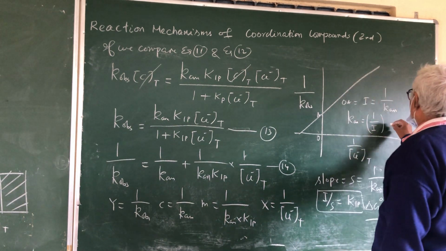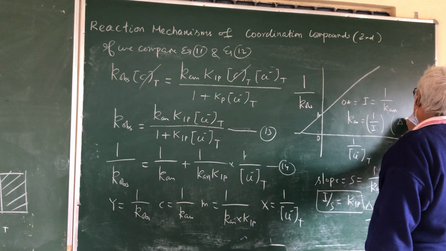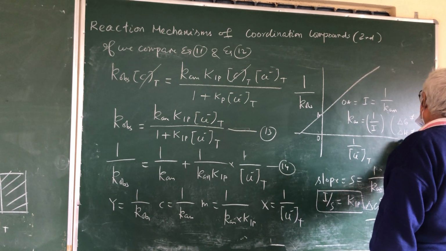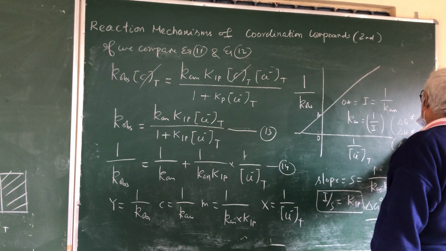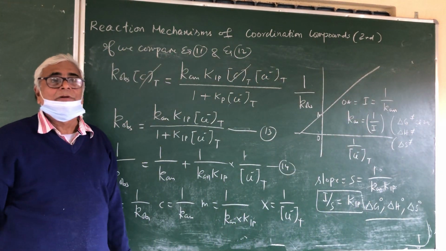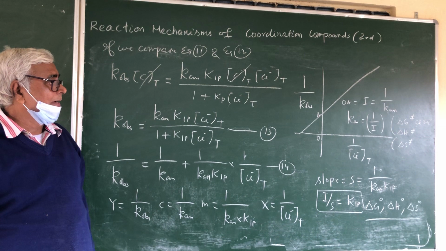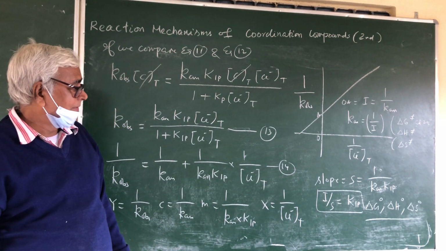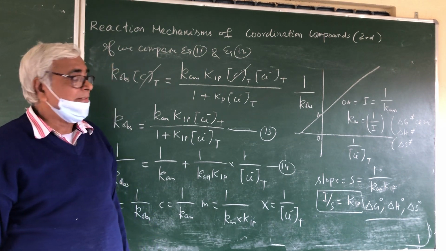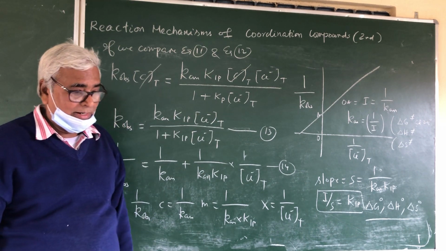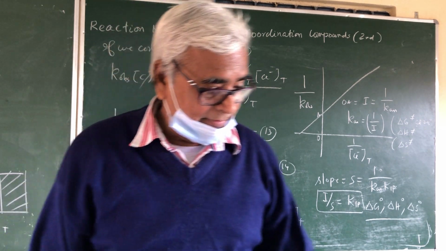From the rate constant you can calculate activation free energy change at 25 degrees, activation enthalpy change and activation entropy change. From activation entropy change we can know whether the mechanism is IA or ID. So a lot of information you get if you carry out this Anderson reaction at different temperatures.